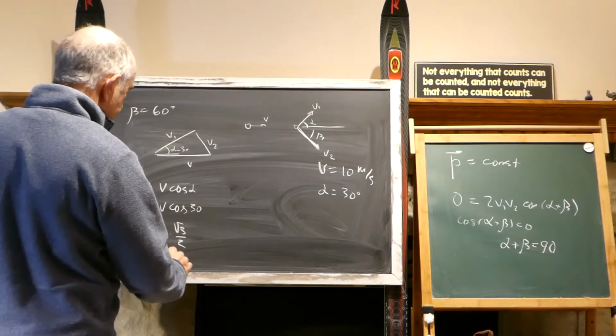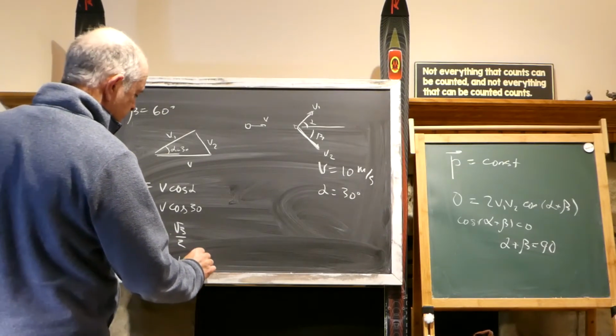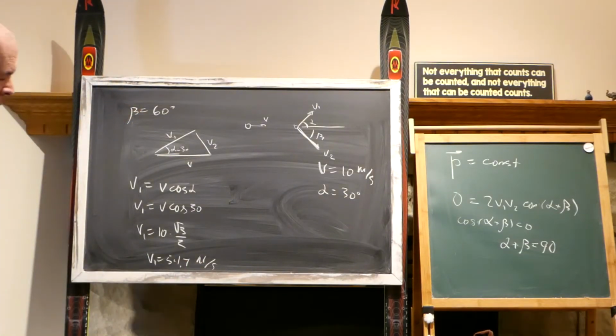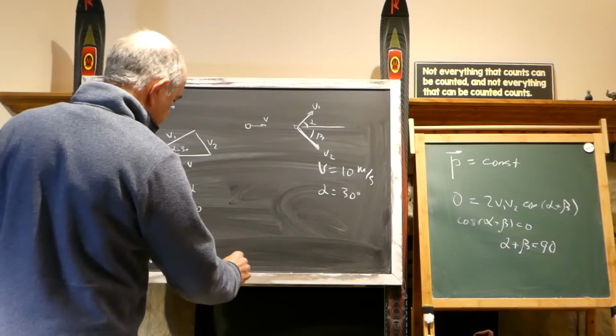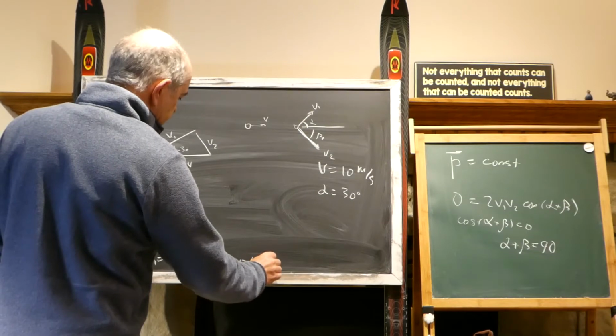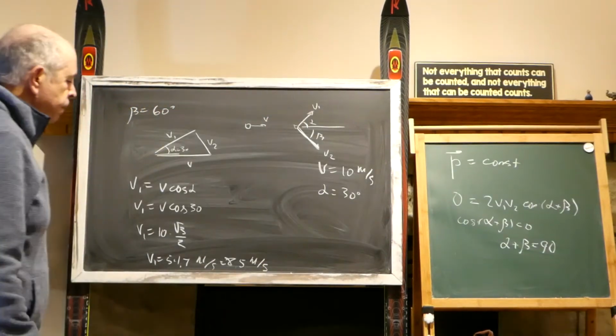V1 equals 5, because 10 over 2 is 5, multiplied by 1.7 meters per second, very roughly 8.5 meters per second. So this ball will carry this speed.